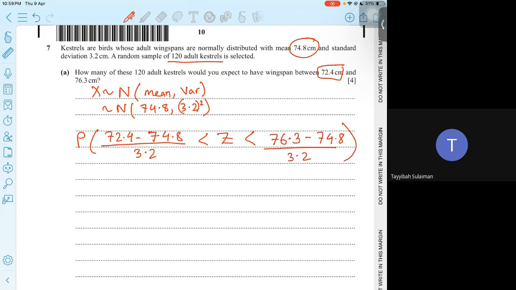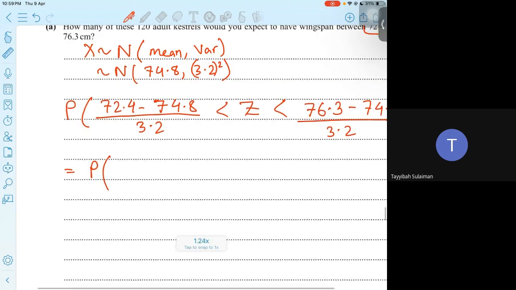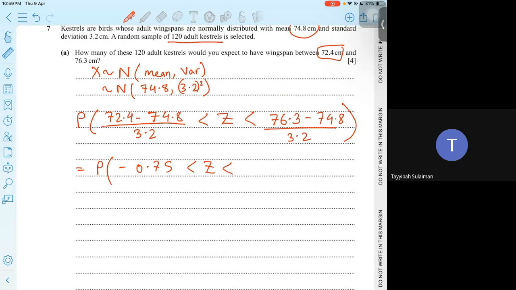So if you calculate both of these, this is the value that you get. This is minus 0.75. And then this comes out to be, I think, 0.469.